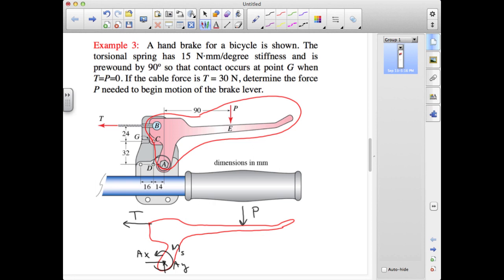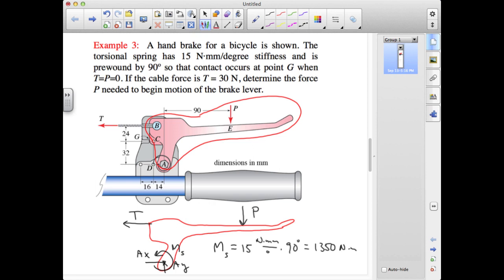So in this case, the moment of the torsional spring is 15 Newton millimeters per degree times 90 degrees, and that's equal to 1350 Newton millimeters.